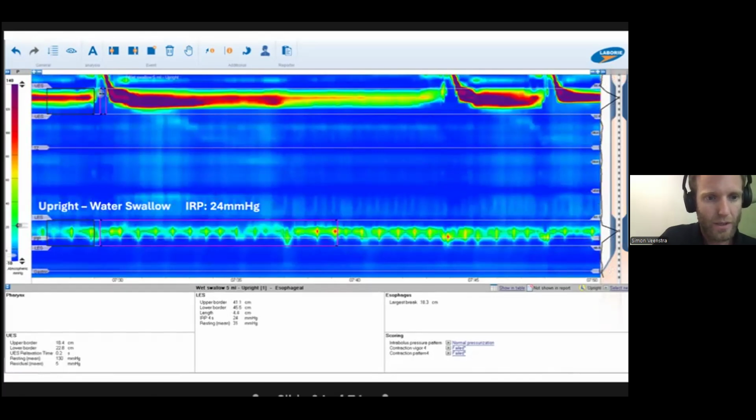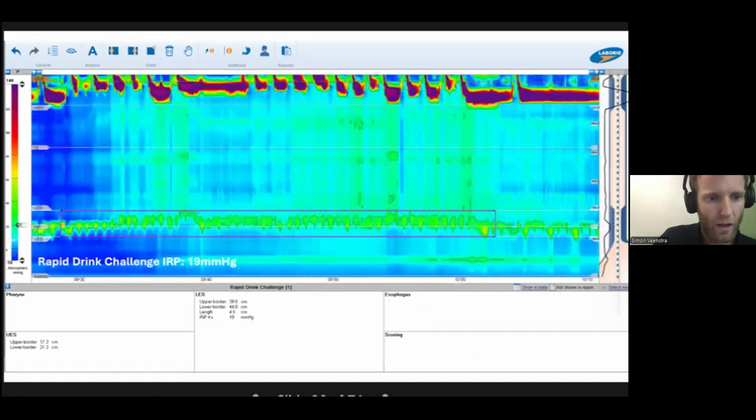Again, in upright water swallows, the IRP is elevated. And then one does the rapid drink challenge, and here the IRP is just above normal. One might argue that there's a little bit of shortening of the esophagus.